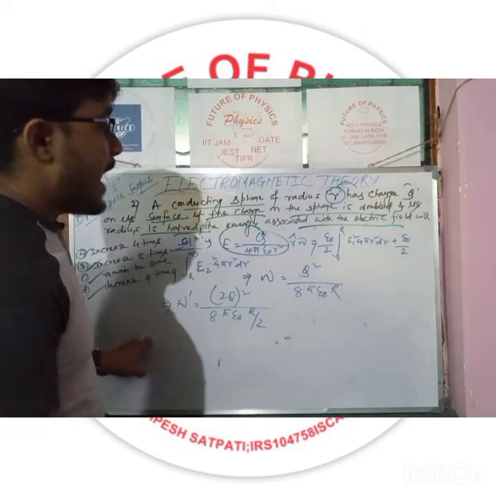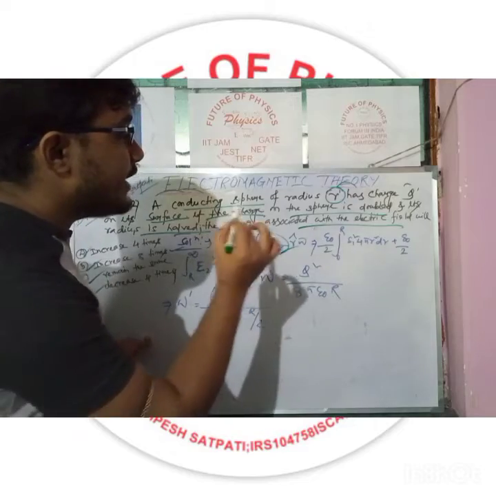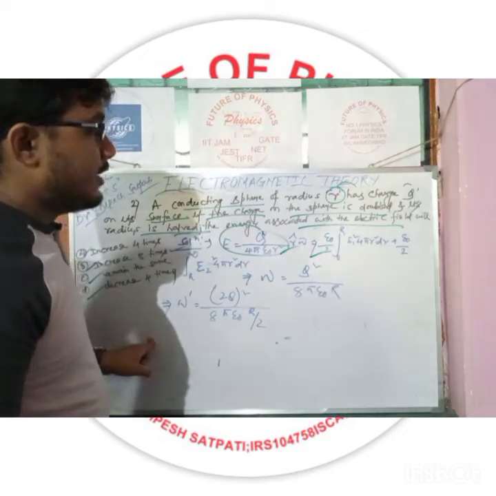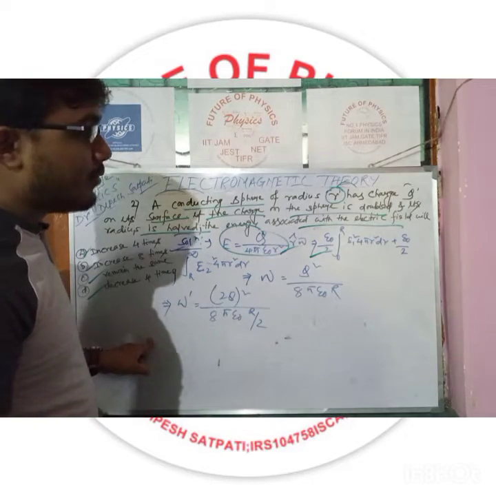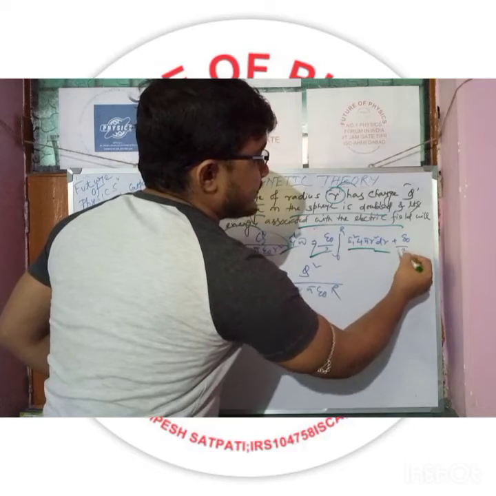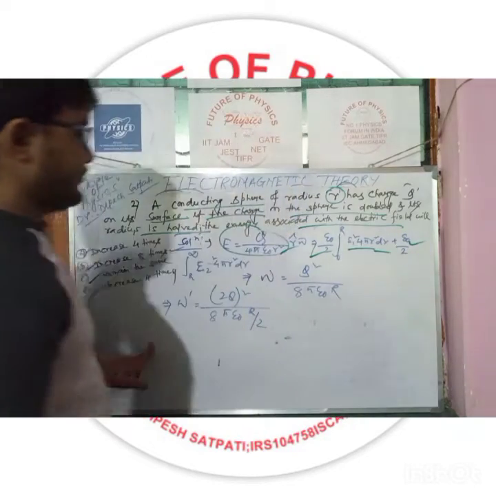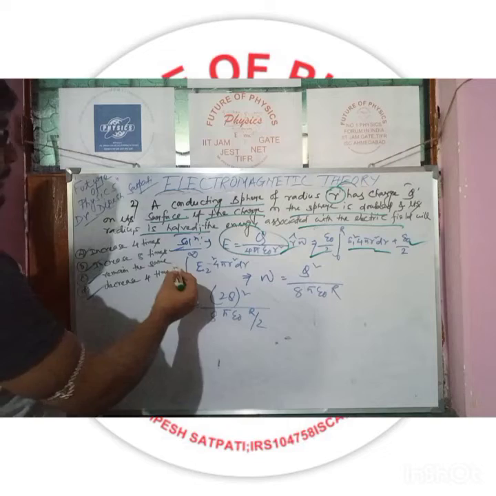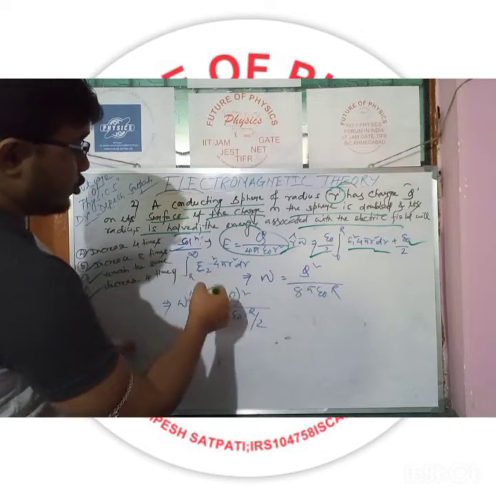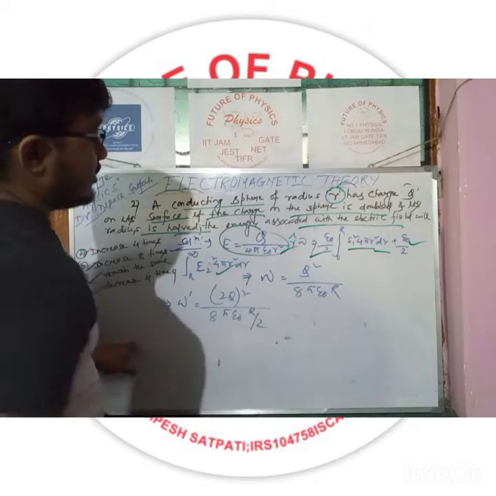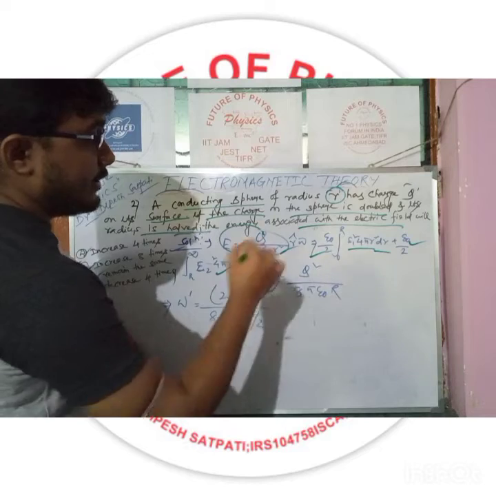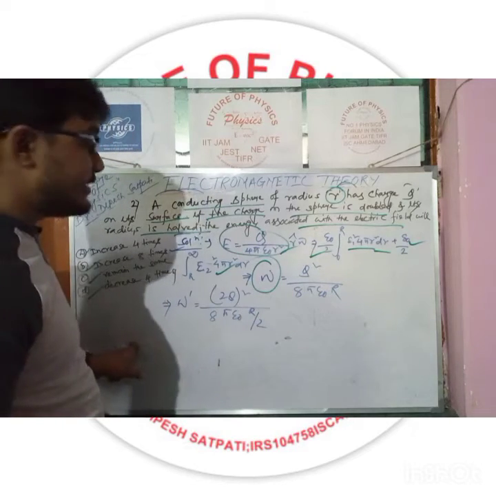We know that W is equal to epsilon 0 by 2 times the integral from 0 to r of E1 square 4 pi r square dr, plus epsilon 0 by 2 times the integral from r to infinity of E2 square 4 pi r square dr. Now W is equal to q square divided by 4 pi epsilon 0 r.